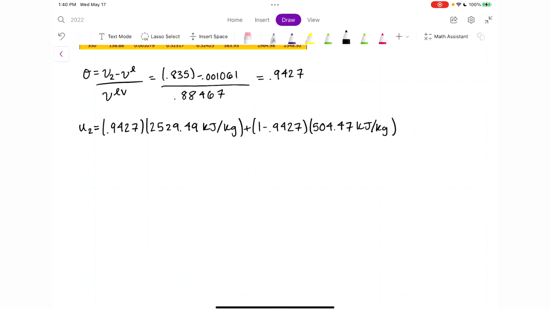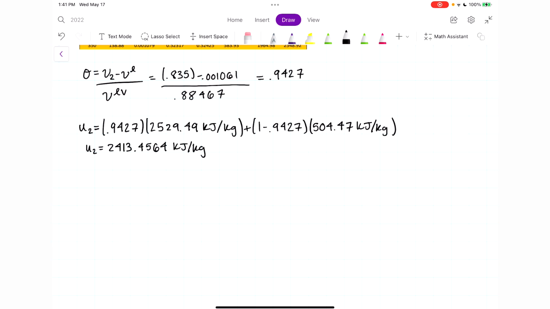So our specific internal energy of state 2 is 2,413.4564 kilojoules per kilogram.